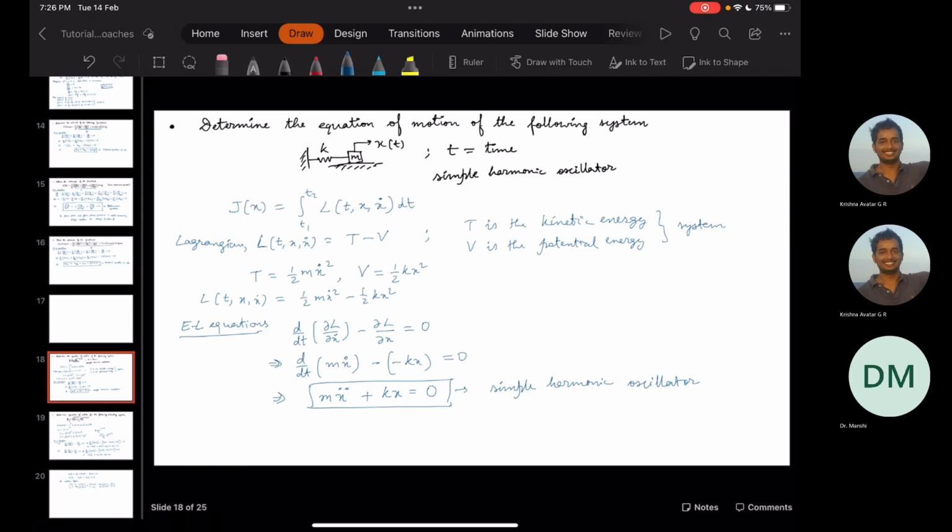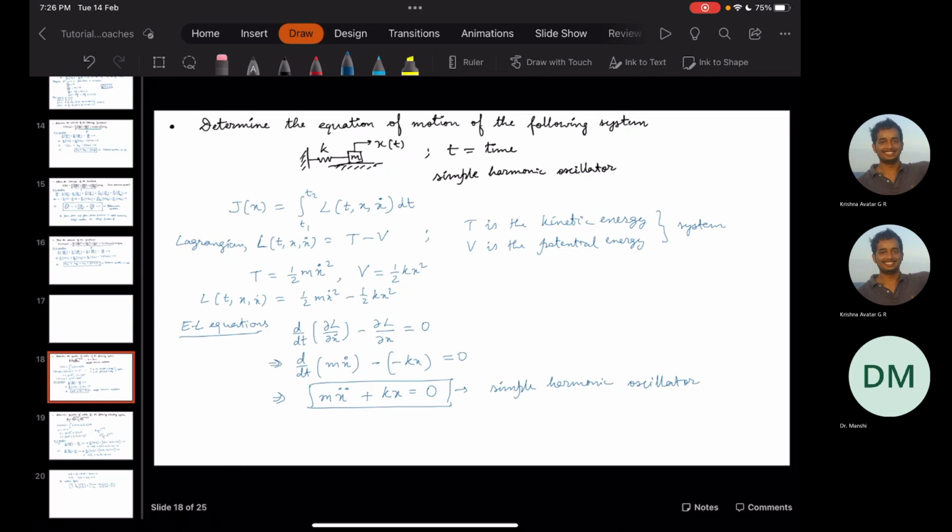Now let's first construct a functional to derive the equation here. We have the functional J of x as the integral over t from t1 to t2 of the integrand L as a function of t, x, and x dot. And dot refers to differentiation with respect to time. So let me first construct a Lagrangian here.